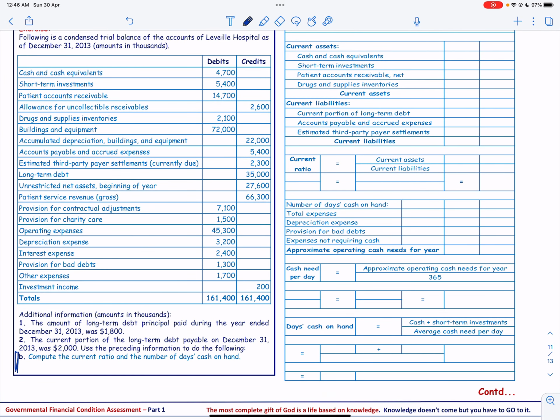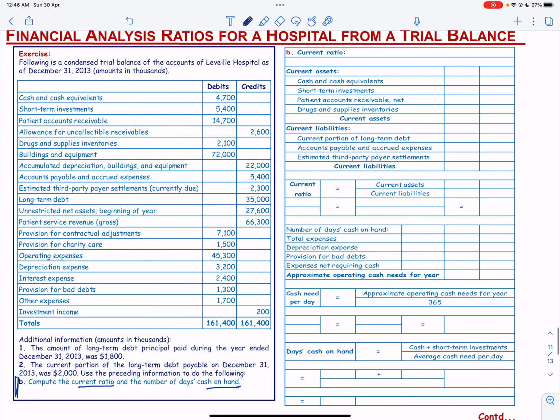And here they say compute the current ratio and the number of days cash on hand. So first of all, we are going to compute the current ratio. So we have the cash and cash equivalent as current assets, short-term investments. We have patient account receivable, but don't forget we will take the net, that is patient account receivable minus the allowance.